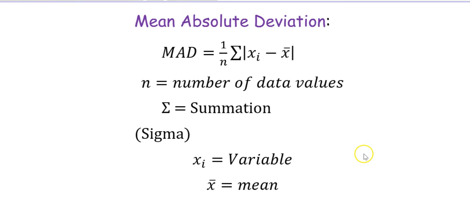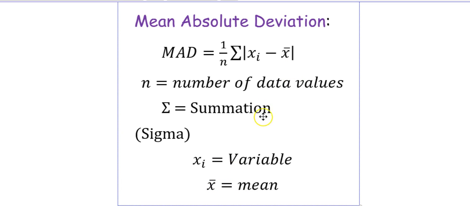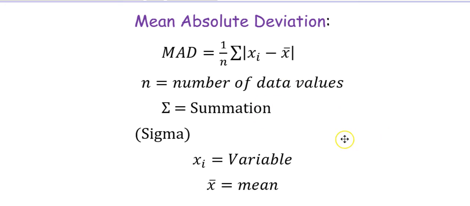So n is the number of items. Sigma is the summation, we have to add all those. In between is the absolute value of xi minus x bar. Xi is one number which changes, that's why we call it a variable. X bar is the mean of the given items.